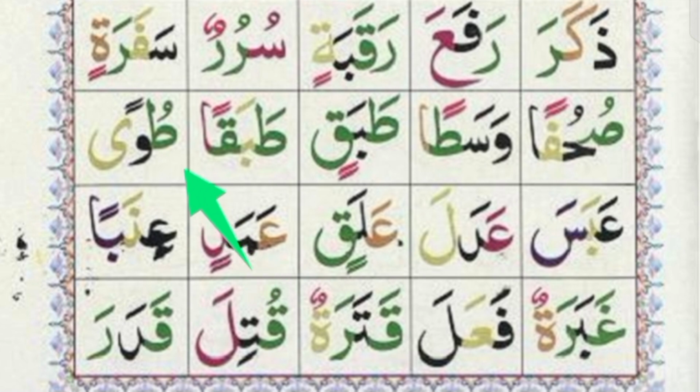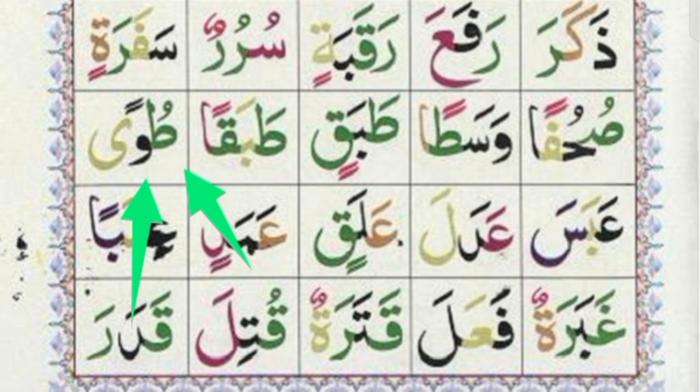Next is ta damma tu, waw double fatha wan, tuwan. At stop, there is ya at the end, and this ya in the Arabic grammar rule will be converted to alif.